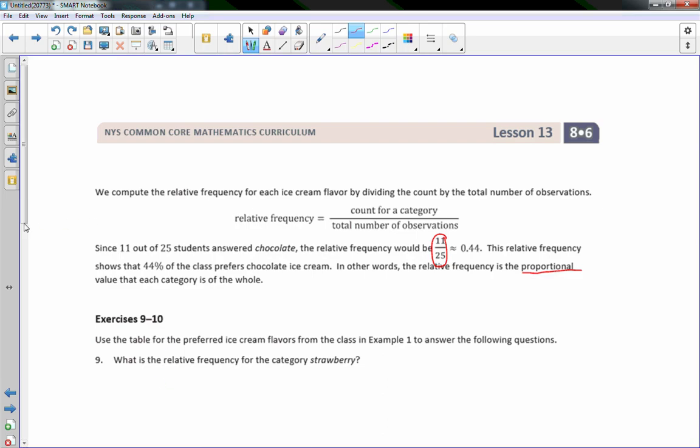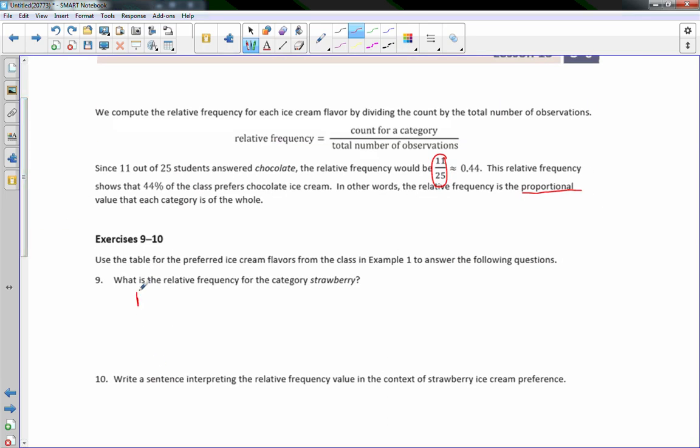So the relative frequency equals the count of the category, 11, divided by the total number observed. Well, there were 20 in the class that we asked. So 11 out of 20. And we already confirmed that to make that a 100, you multiply by 5. So this is 55, or 0.55, or 55%.